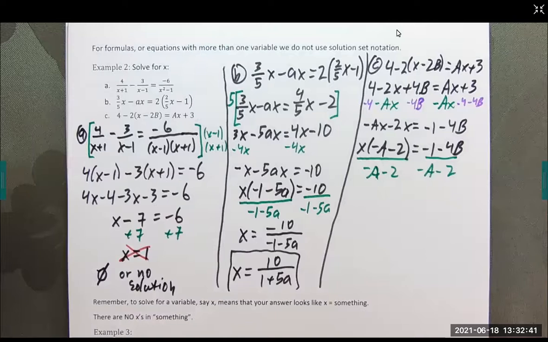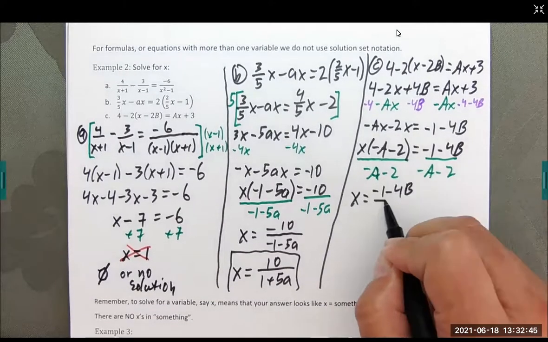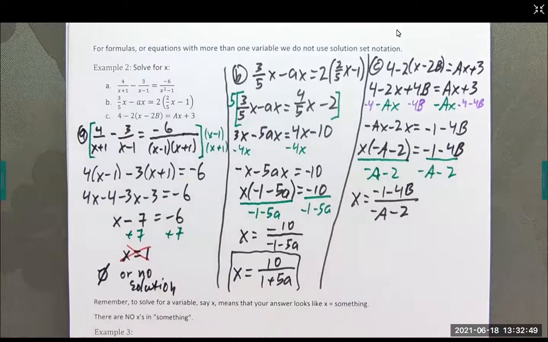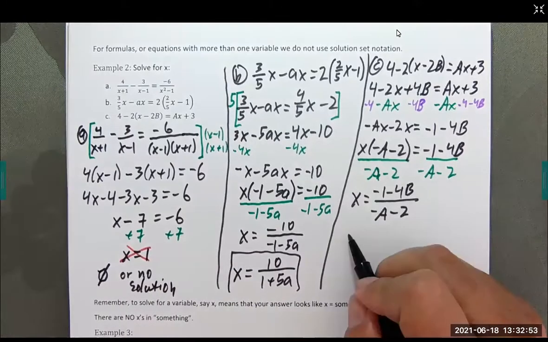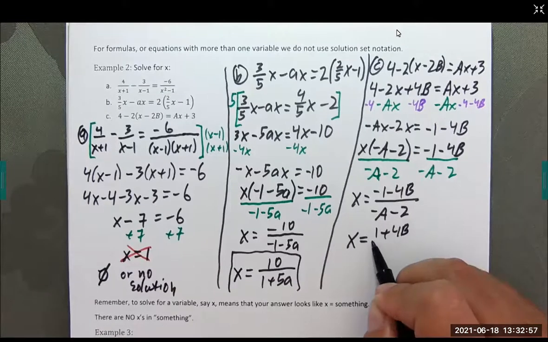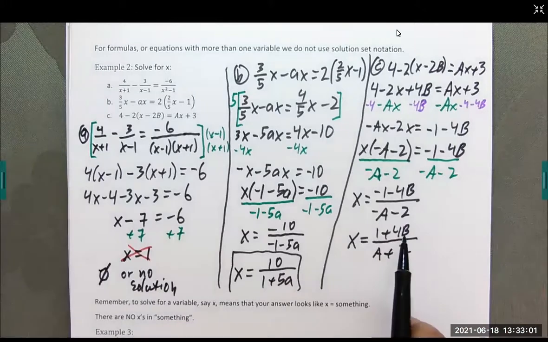So I get x equals negative 1 minus 4b over negative a minus 2. Like with this one over here, I don't like all those negatives, so I'm going to multiply the top and bottom by negative 1 to give me this. And the order doesn't matter. You could have the 4b first.